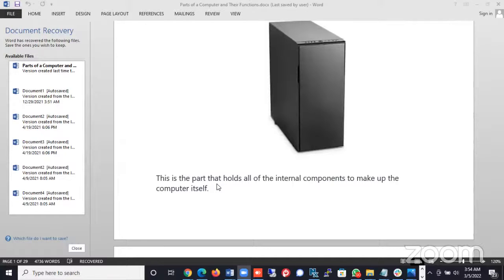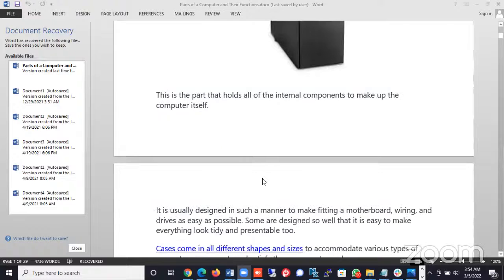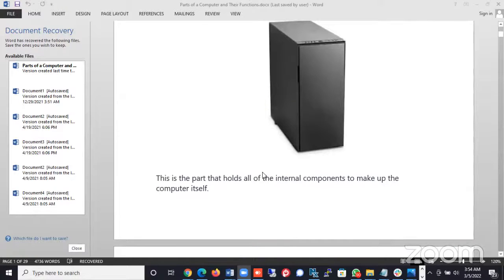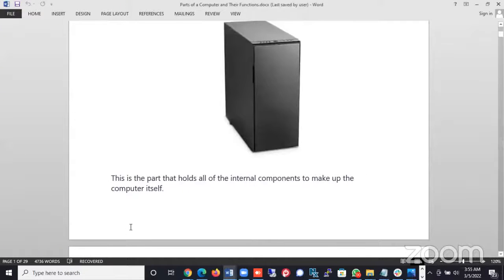Sometimes you can get a computer that is small. The size of the case depends on the motherboard, so you will see that there are so many different types of cases. We have a medium size, we have a small size, we have even a very tiny one.